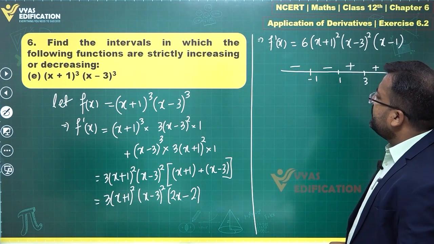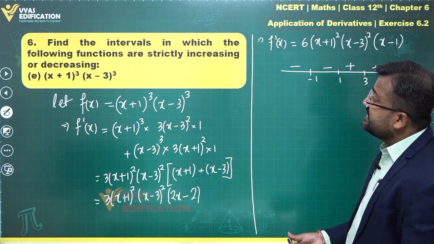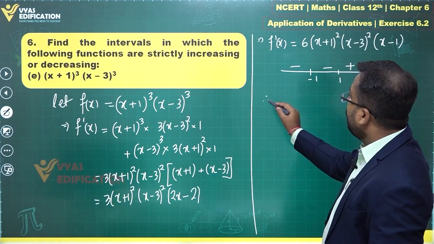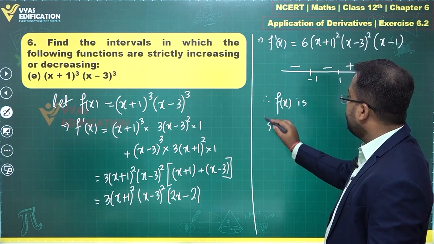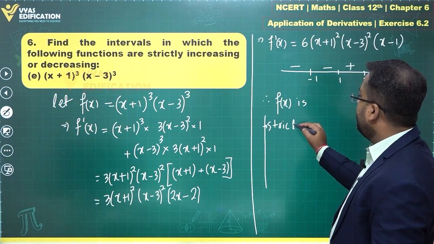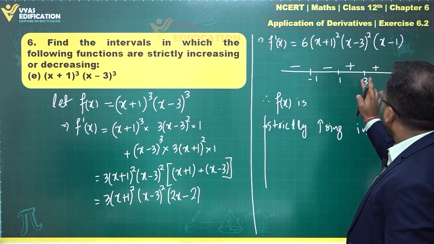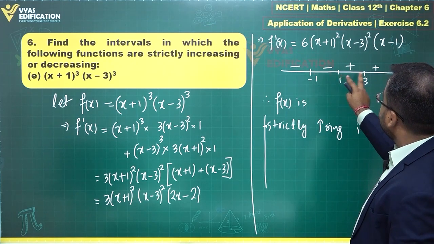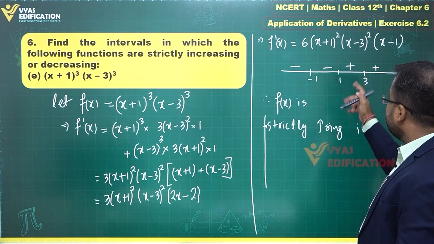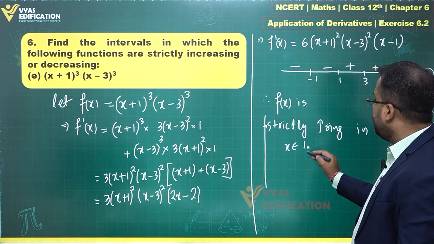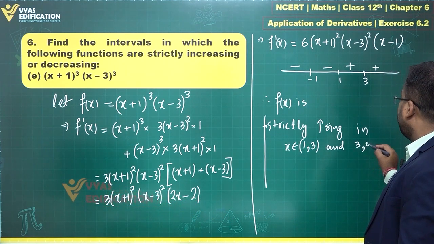Okay, and on the basis of this, can you comment on the intervals in which the function is strictly increasing or decreasing? Yes. Therefore, f(x) is strictly increasing in which interval? I see that f prime x is positive over here and over here. So f(x) is strictly increasing for x belongs to (1, 3) and another interval, that is (3, infinity).